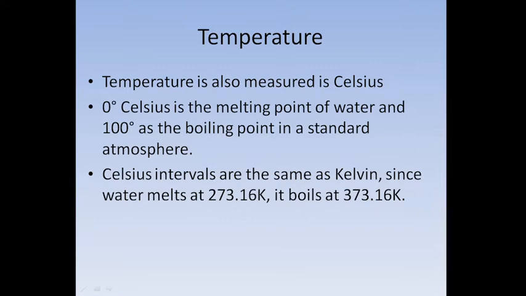So your Celsius scale is 0 degrees Celsius at 273 Kelvin to the boiling point, which is 100 degrees Celsius at 373 Kelvin. So those intervals are the same. Basically, the Kelvin scale takes the Celsius scale all the way down to no molecular activity, and it marks that at 0.